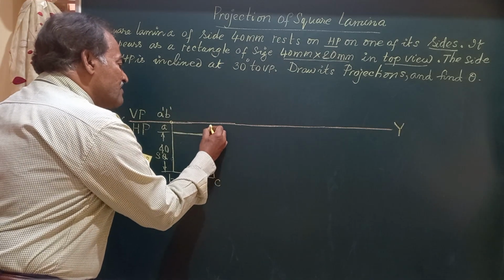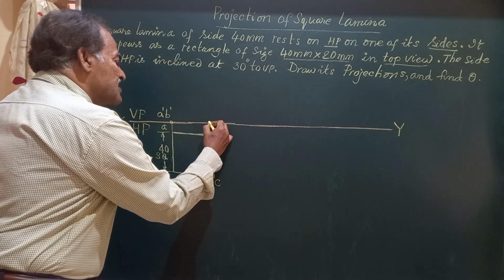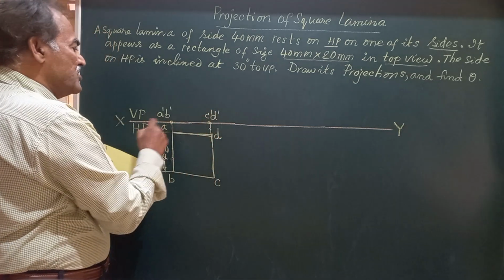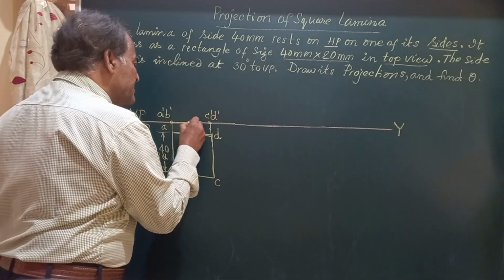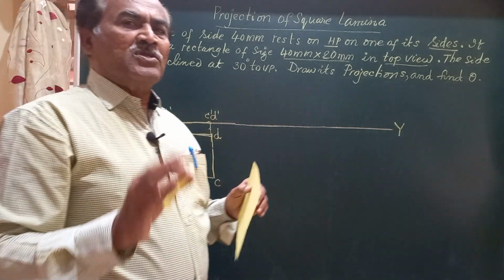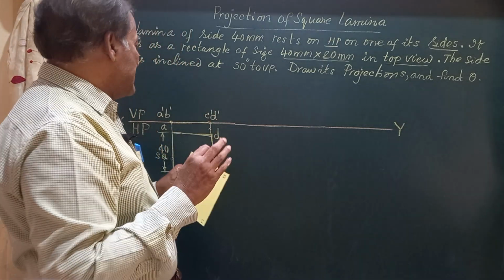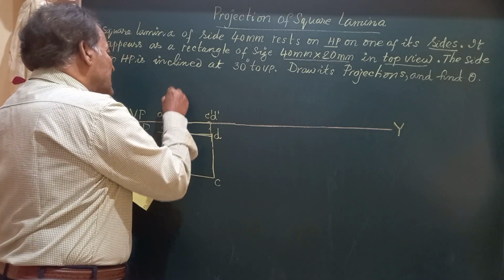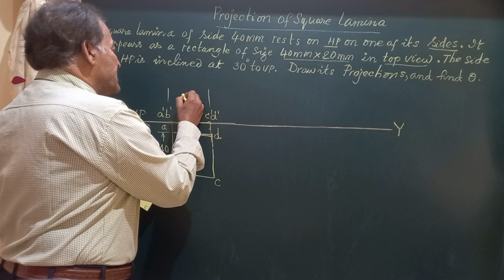Similarly, if you draw a vertical from here, it will meet the XY line here. We will call this C dash, D dash. So A dash, B dash, C dash, D dash represents the front view of the lamina, which has a length of 40 millimeter.